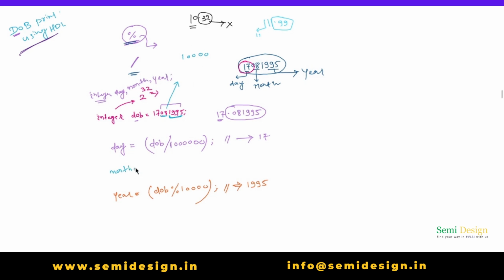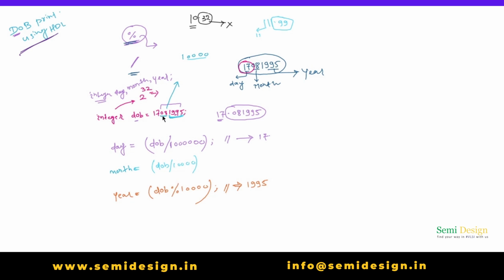Now we want this month, right? For that we want to truncate this 1995. For that we have taken 4 zeros and 1. So very simple, right? So DOB divided by this 10000, and the result of this we need to take a modulus.